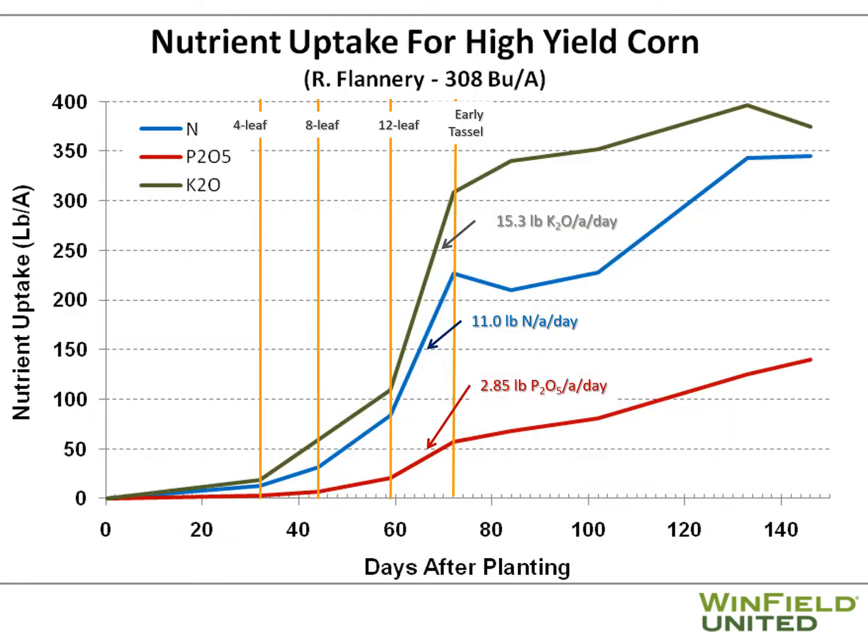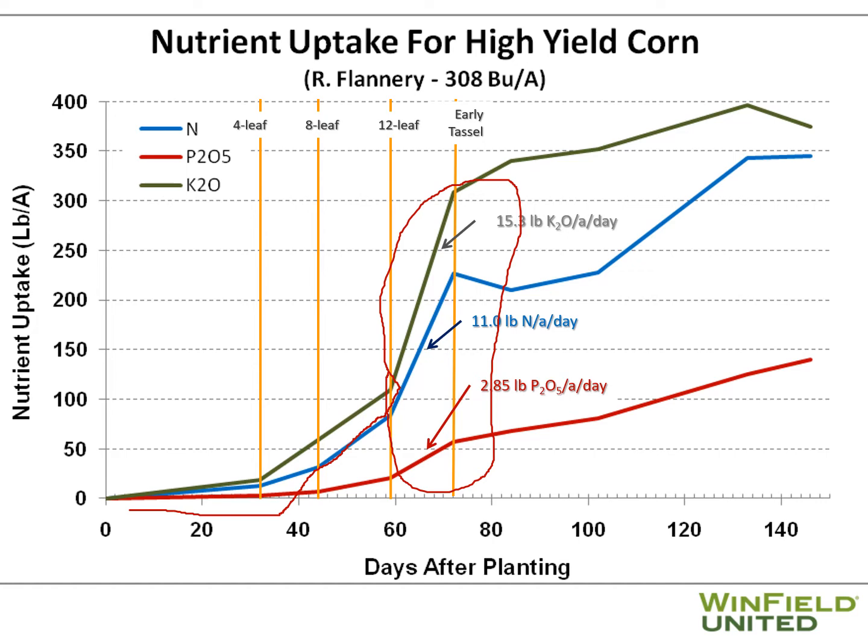You can look at the same sort of thing with corn, and you look at the uptake. We don't have much initially in our first days after planting, but then we see these sharp increases. Once we get to the 12 leaf stage up to early tassel, in this zone right in here, you can see that our phosphorus, our nitrogen, and our potassium levels have gone way up.